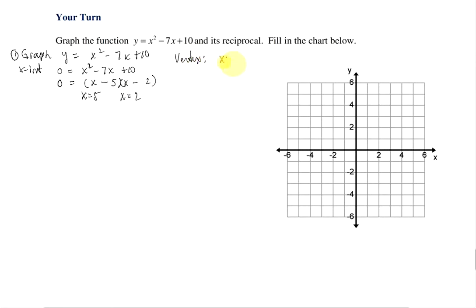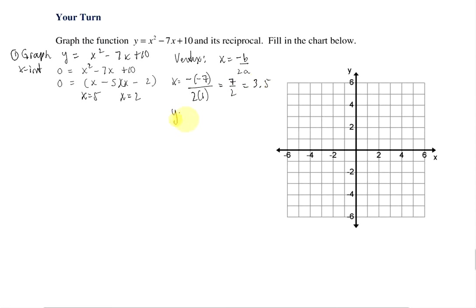Then we will get our vertex. We'll use our vertex formula, negative b over 2a, and from the function you can see that b is negative 7, so let's substitute in negative 7 for b, and a is 1, so substitute in 1, and you get 7 over 2, which is 3.5.